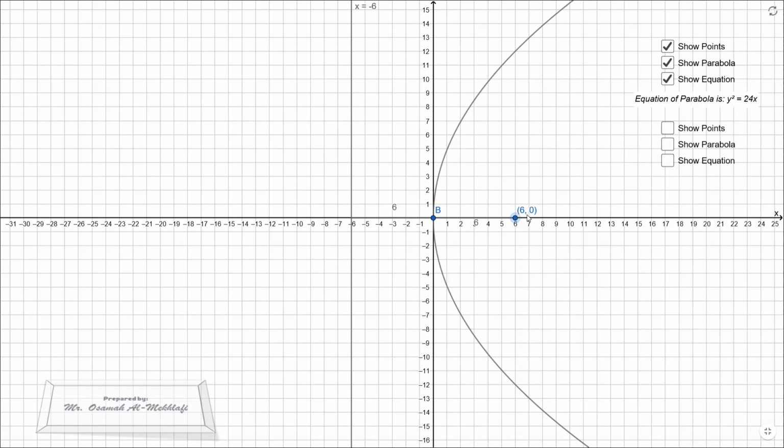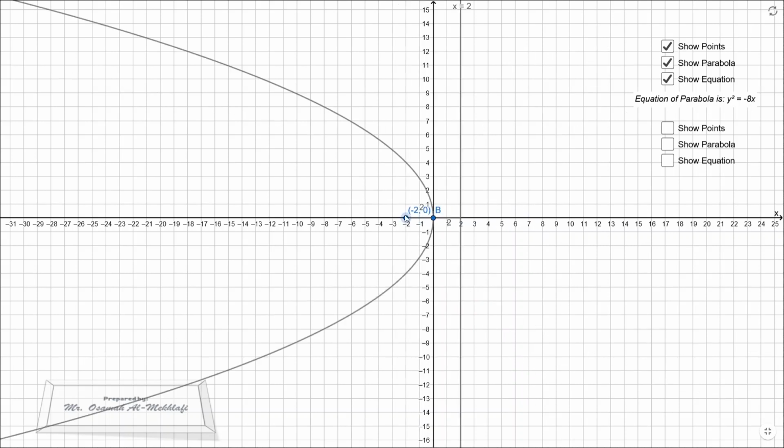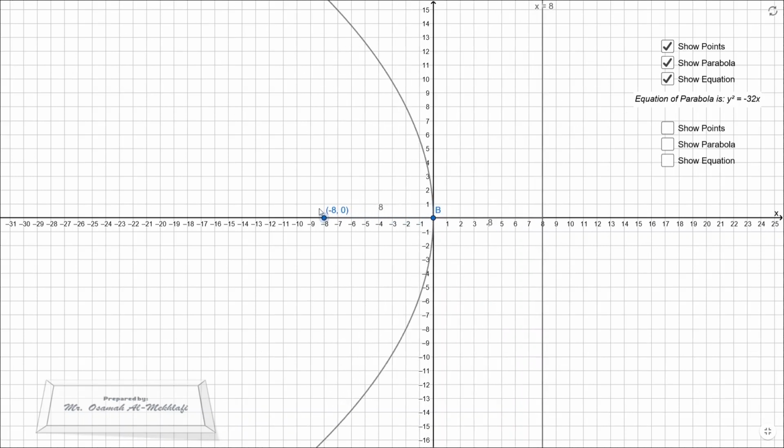Is this the case with all the standard positions? Actually, it is. Look, if we move to the second standard position, do you notice what's happening now? We have a negative 32 at negative 8. So multiply negative 8 by 4, you get negative 32, right?